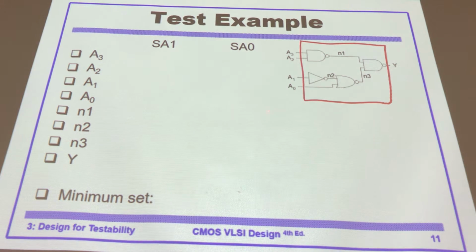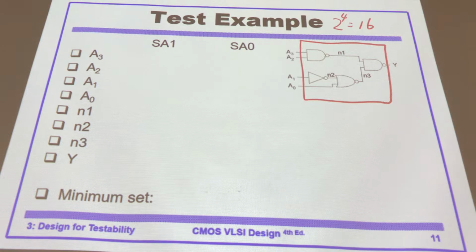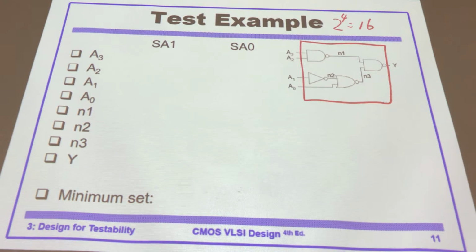It's a 4 input, 1 output chip. And given 4 inputs, totally you need 2^4 patterns. That's 16 input data, right? If you go through 16, then you make sure that the chip is correct or not.